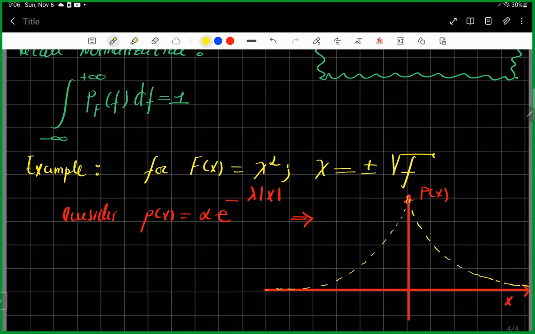So let's normalize p of x first of all. Let's start by normalizing p of x.